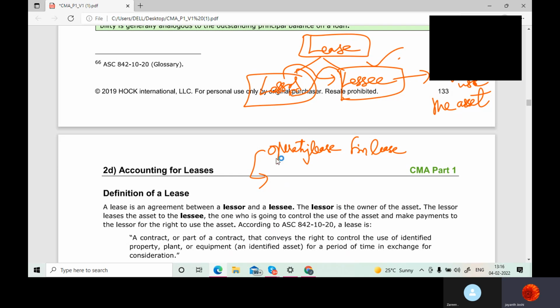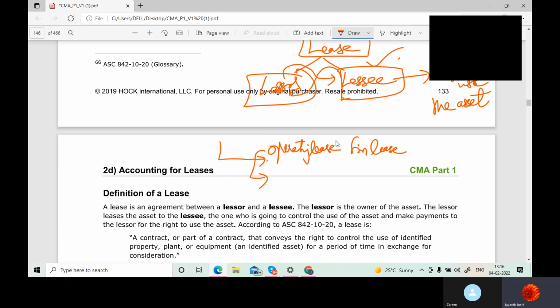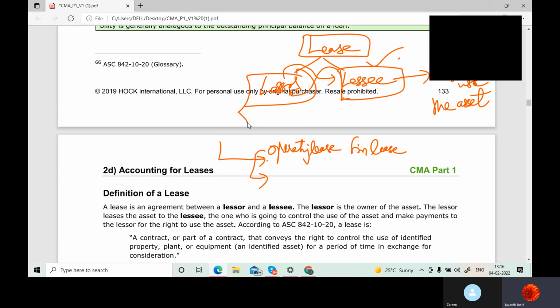So what happens in case of operating lease? The lessor leases out the asset to the lessee, and he doesn't transfer the risk and reward associated with the property to the lessee. Whatever risk or reward there would be with the property would be retained by the lessor.